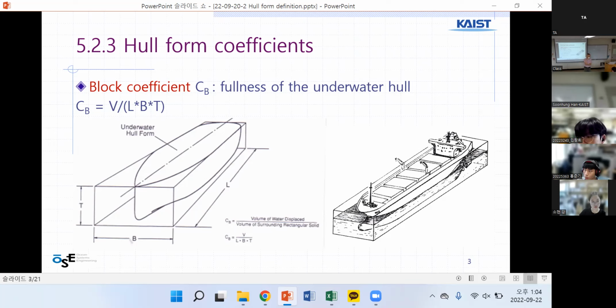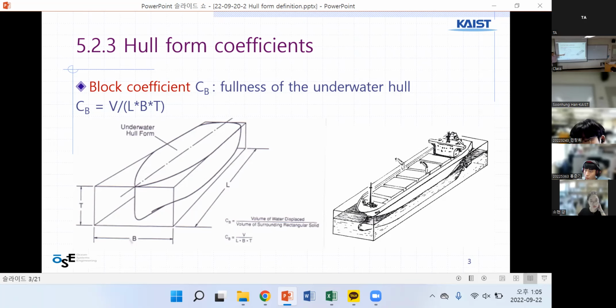They are used for construction somewhere near the river or ocean. A barge is just a box of steel plate, simple. But it is not easy to move them in the water. That's why we should have a slender body to move fast. So the block coefficient of the barge is almost 1.